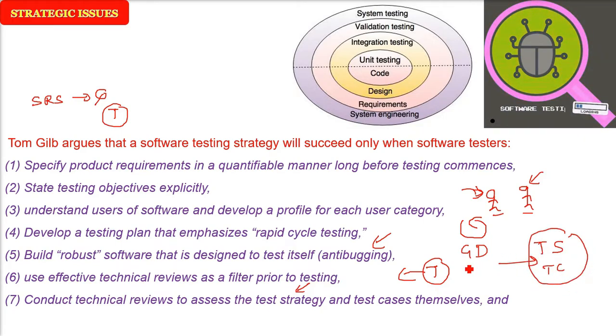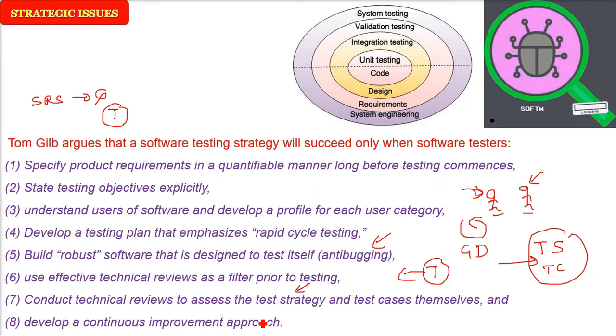Test strategy and test cases have to be tested again, and develop a continuous improvement approach. For example, CMM levels, ISO levels. If you are not able to achieve that, still try for a continuous improvement approach, because that will make your software stable, that will make your company profitable.